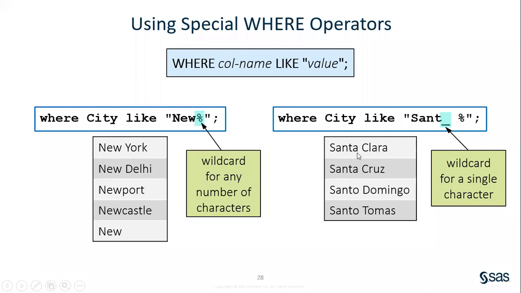So it selects all those which match this pattern with the LIKE operator. Understood? See, Santa space Clara, Santa space Cruz, Santo space Domingo, and Santo space Thomas, because you have provided the pattern such that after T there is any character, then a space, and after the space any number of characters. So it's selecting all that match this pattern.